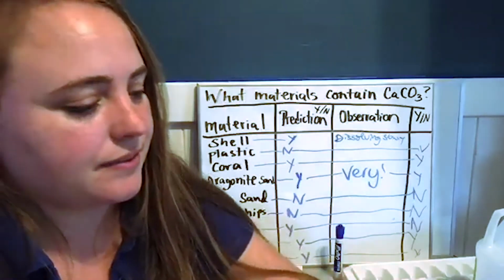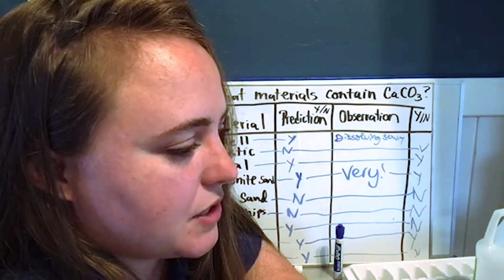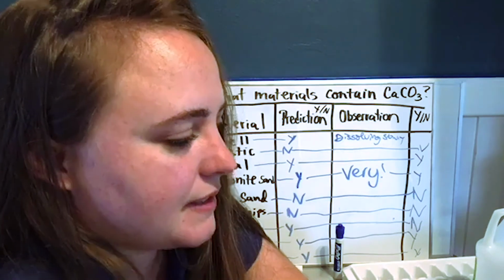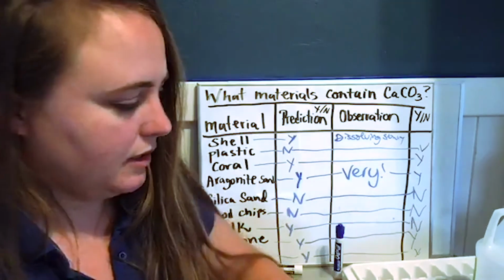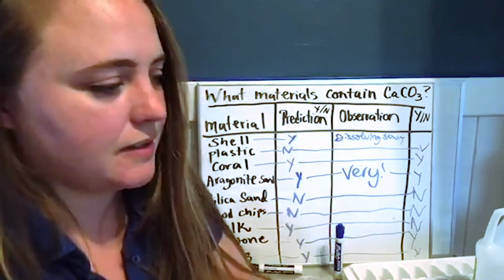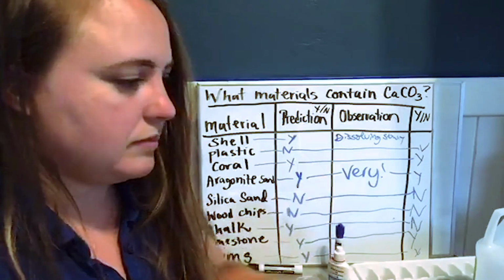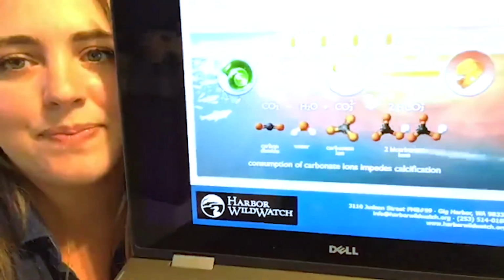I'm going to flip back to our ocean acidification first slide here. Shift some of these liquids out of my way. So again, just to relate back to this vinegar reacting with those things, we can look at this graphic again.